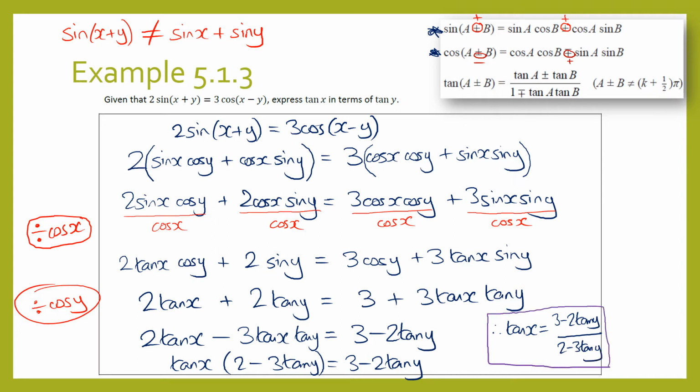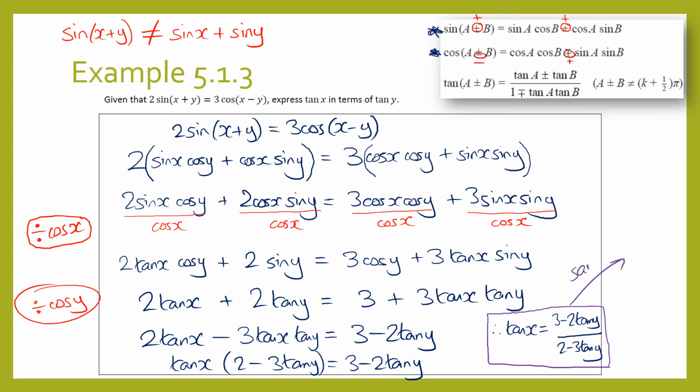Now if you rearranged in a different way earlier, so on this step here, getting from this line to the next line, you might have rearranged to get anything with tan x on the right hand side of the equation, in which case you've ended up with a slightly different looking answer, but it's actually still correct.